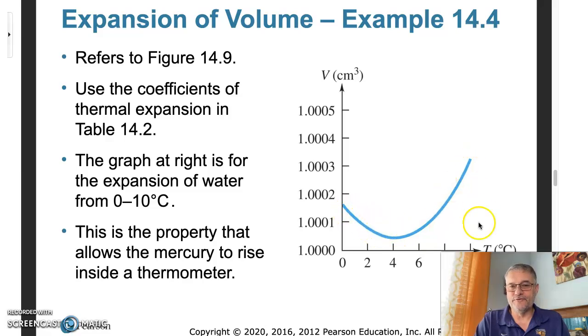And conversely, as it's cooling, it will decrease to 4 degrees Celsius. And so 4 degrees Celsius is the densest water is at any temperature.